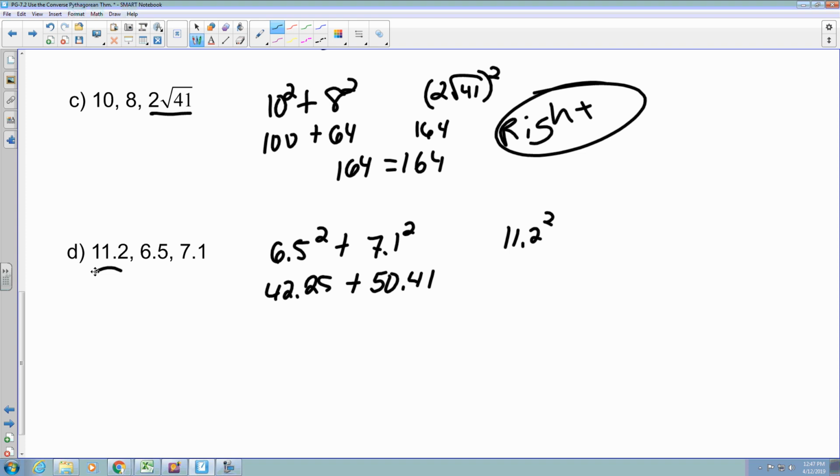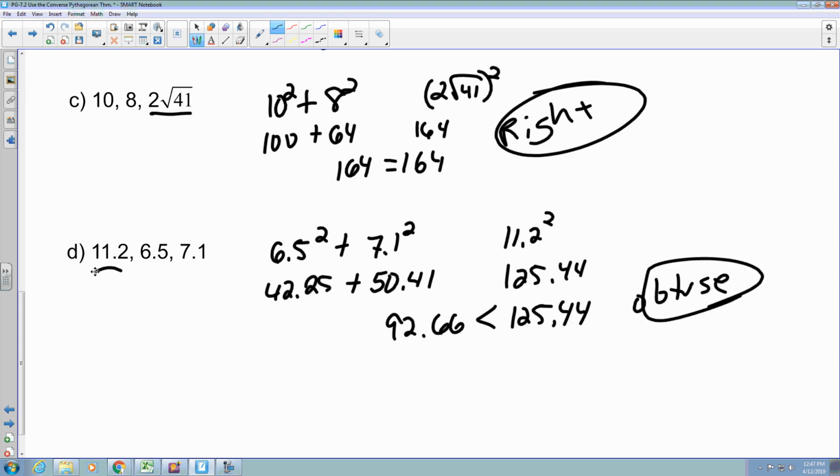And 11.2 squared gives me 125.44. So 42.25 plus 50.41 gives me 92.66. That is less than 125.44. So we have an obtuse triangle.